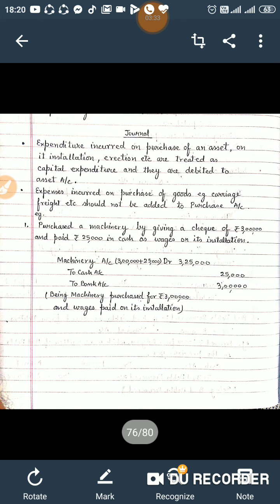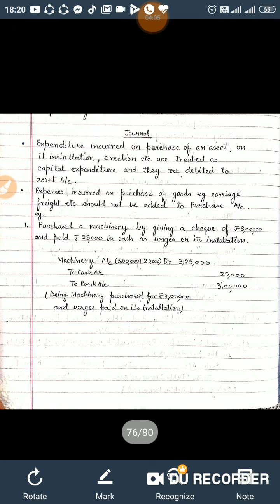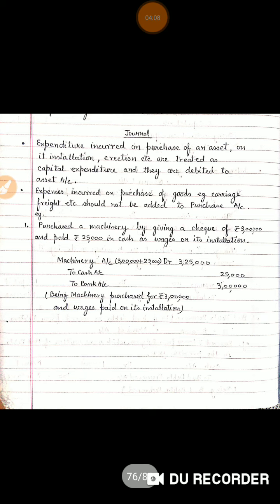All the expenses apart from the purchase price, these extra expenses incurred on making that machinery ready for working condition, become cost of asset. Although individually carriage, registration charges, unloading charges are revenue in nature, they should be capitalized. They are treated as capital expenditure, and they should be debited under asset account.